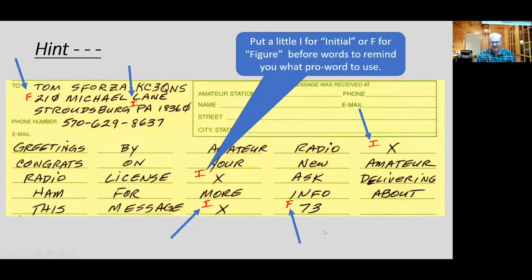If I had a mixed group, I would put an M next to it, or an N for a number group, or a W for a word group. And that helped me use the proper pro words when I was sending out a radiogram. And like I said, I just did this when I was in the learning stages so that I didn't screw up too bad. No, that's a good hook.